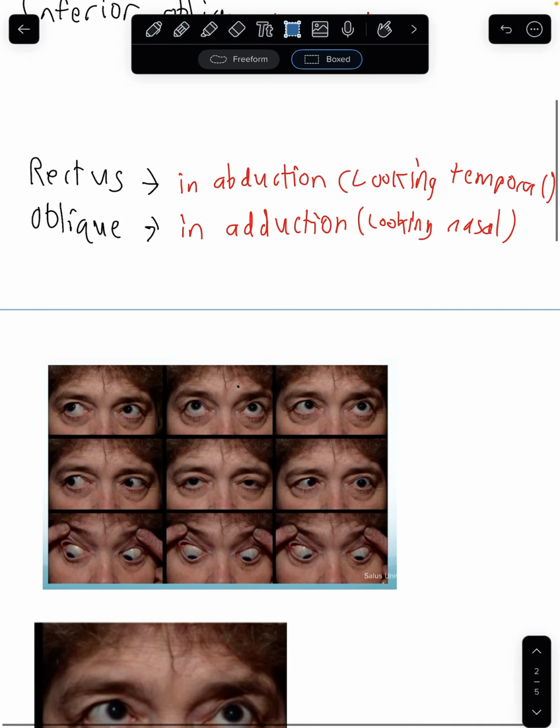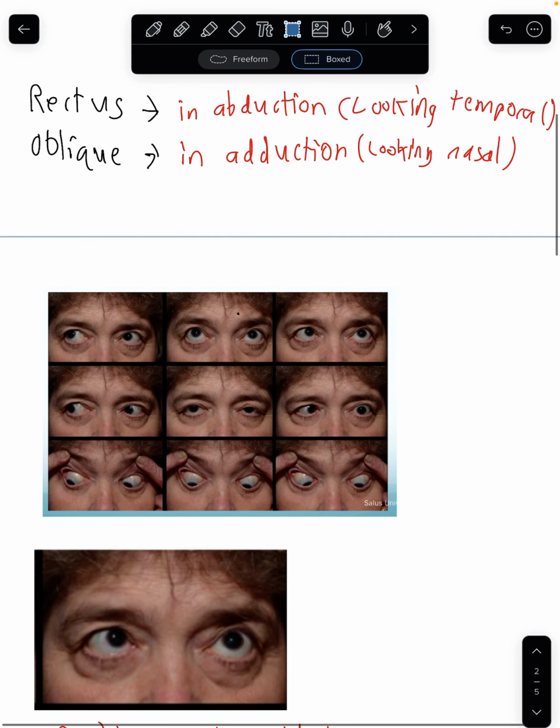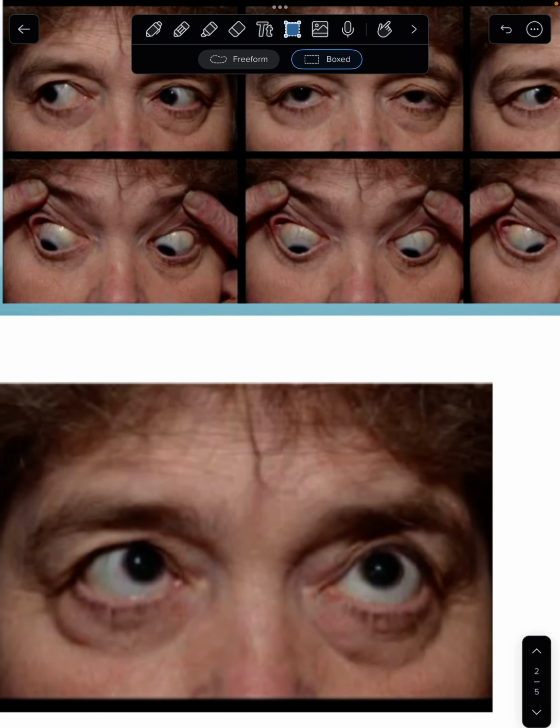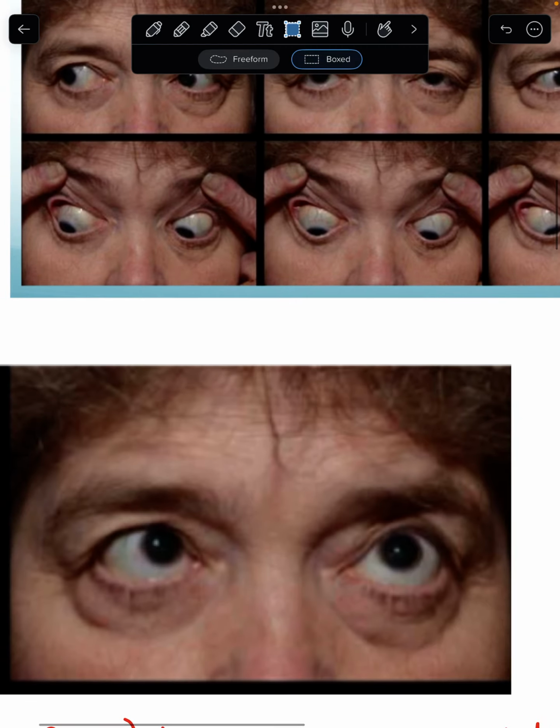So if we look at this example, this patient is having trouble looking up and to their left. So let's focus on the right eye. The right eye seems like it's doing fine. So the right eye is a little bit more nasal, so it's using an oblique muscle. So it's using the inferior oblique muscle to look up. The left eye is having trouble looking up and to the left.